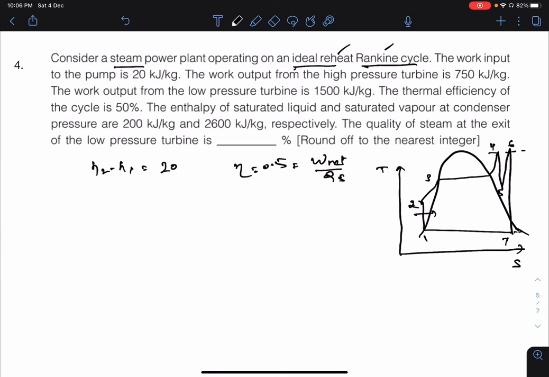So the work output from the high pressure turbine, that is H4 minus H5, is 750, and the work output from the low pressure turbine is 1500. Basically, the work output from the low pressure turbine is more than the high pressure turbine. We can see from this line also. This line is more vertical than H4 minus H5.